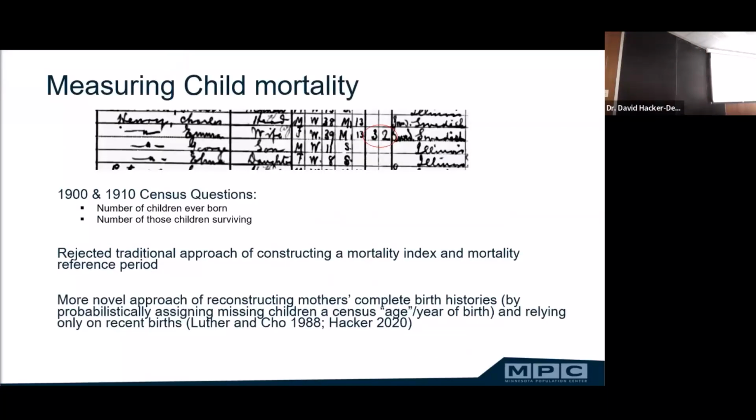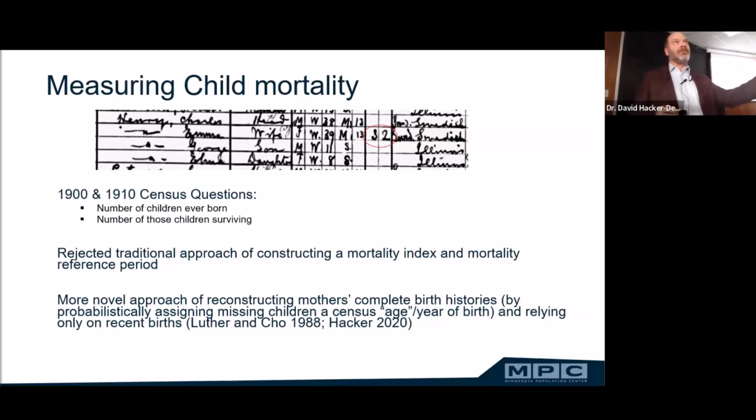Okay, child mortality, again, is children ever born, children surviving. Rather than being smart and relying on measures from the Manual X and the United Nations, we had to go and create our own, which has created no end of trouble with reviewers. But we're going to use a more novel measure because we want better control over our reference period.